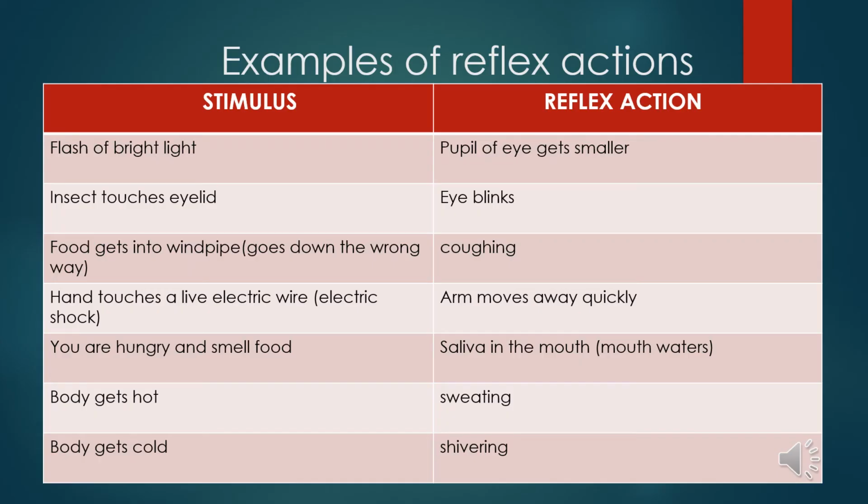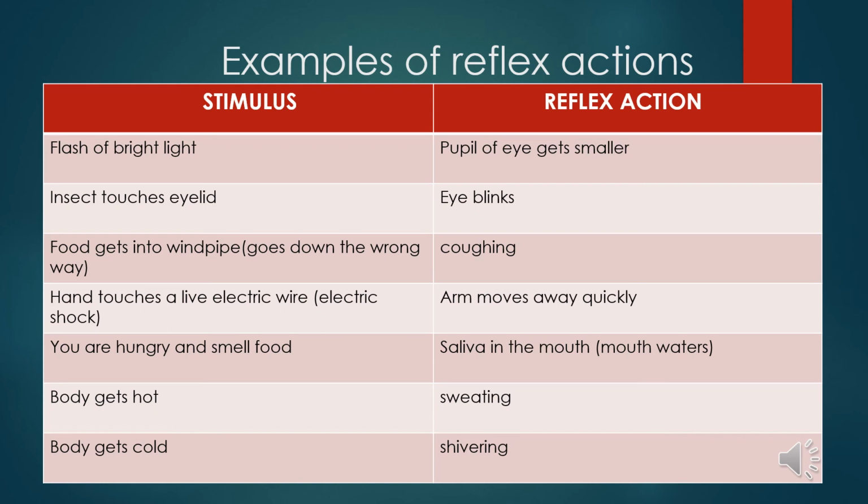Now students, we are discussing some examples of reflex actions. When the stimulus is a flash of bright light, then the reflex action will be the pupil of the eye gets smaller. When the stimulus is an insect touching the eyelid, then the reflex action will be the eye blinks.